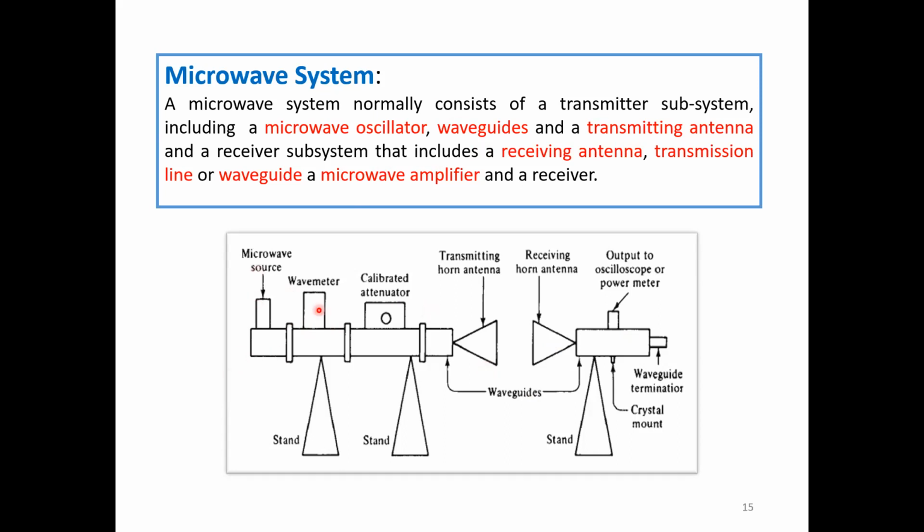That is the microwave source, that is the wave meter, then the calibrated attenuator, transmitting horn antenna, receiving horn antenna, and output oscilloscope or power meter, waveguide terminator, and crystal mount. These are waveguides.